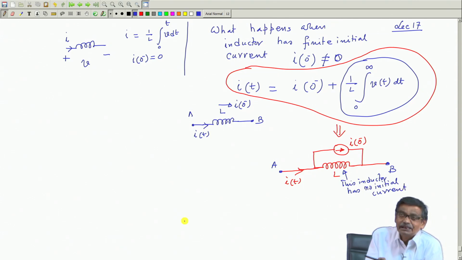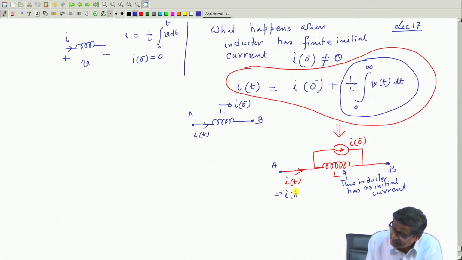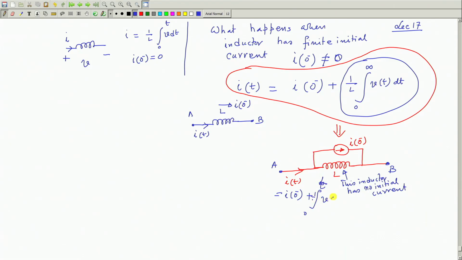Therefore, an inductor with initial current i(0 minus) can be thought of as the same inductance L without any initial current, but across it another source is connected whose value is i(0 minus). You see this i(t) is indeed i(0 minus) plus this term, 0 to t, 1 by L v dt. So, that is why it is connected in parallel. Got the point? This is a crucial point.